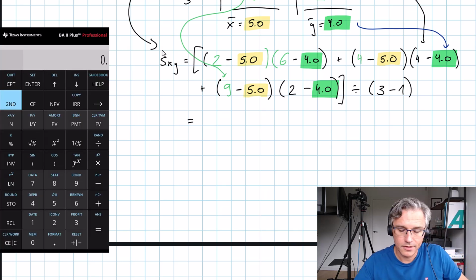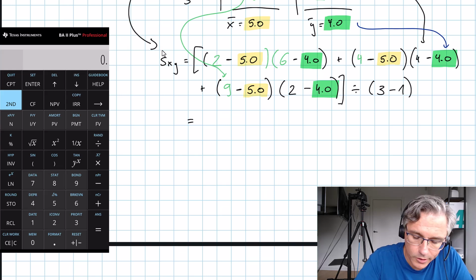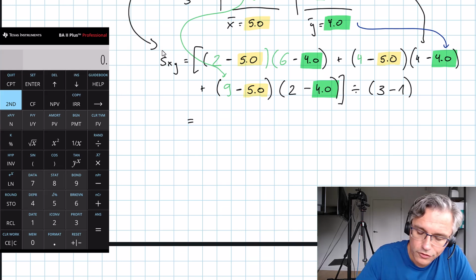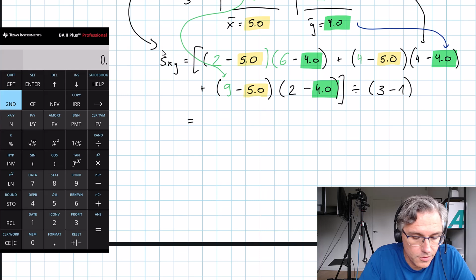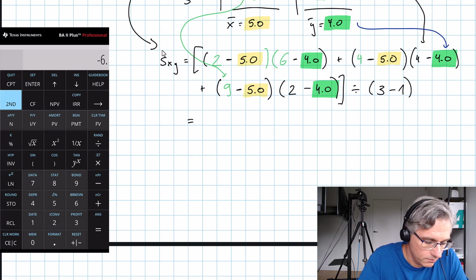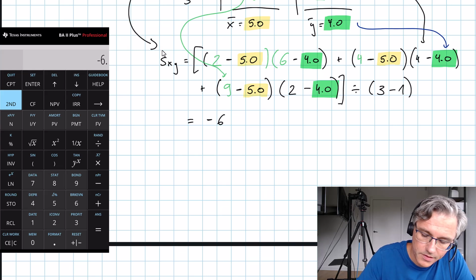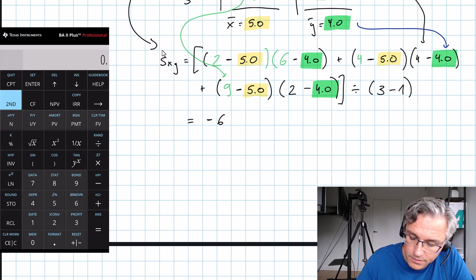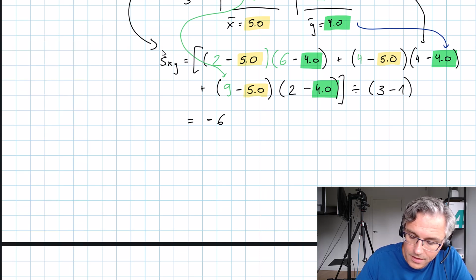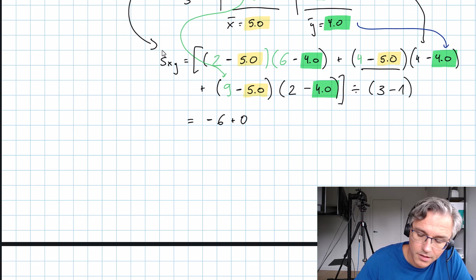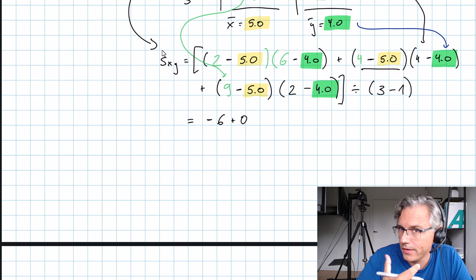Let's try to quickly do this on the calculator. 2 minus 5 is of course 3 with a minus, multiplied by 6 minus 4, that's positive 2. Okay, so the first thing is minus 6. Then for the next one, I don't think I need a calculator for this right now, 4 minus 5, that's a negative 1, but multiplied by 0, so the second product is 0.